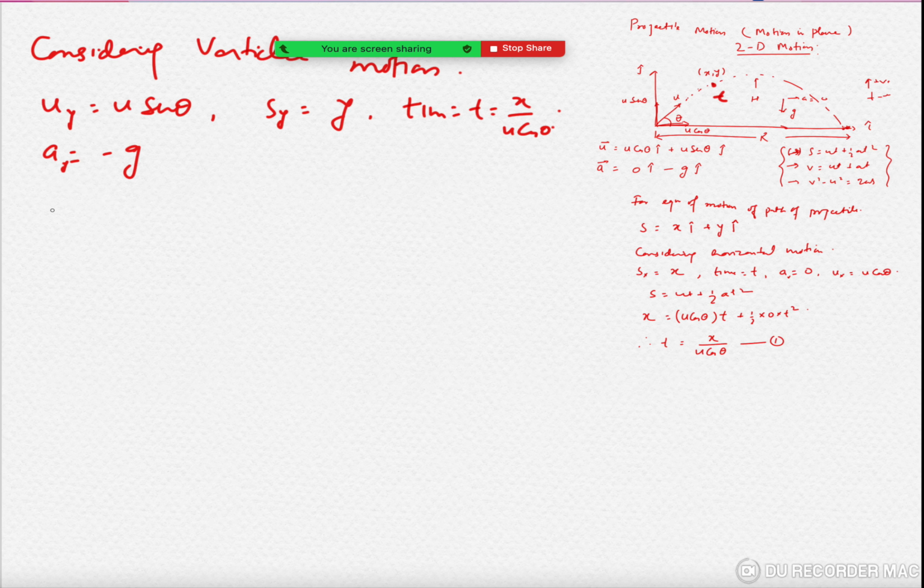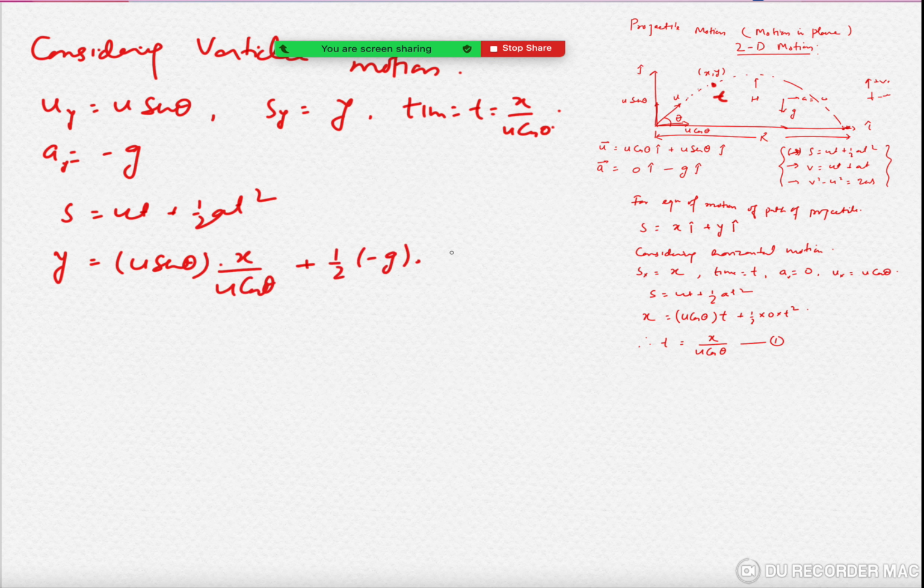So now here we'll use the formula displacement s is equal to ut plus half at square. So s is y, initial velocity is u sin theta into t, which is x by u cos theta, plus half into minus g into x by u cos theta whole square.